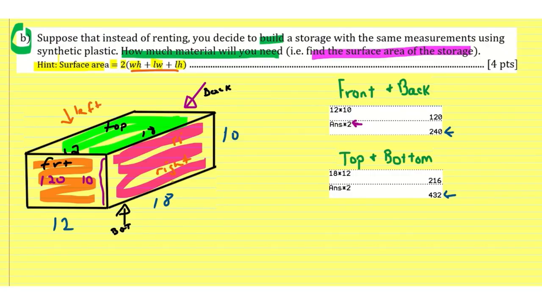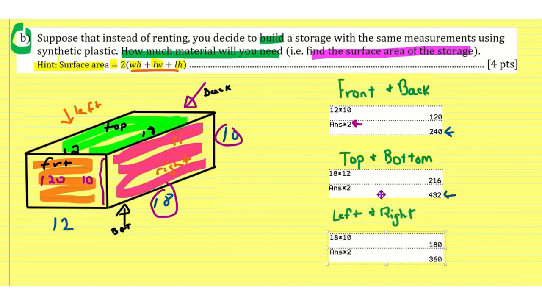So its measurements are going to be 18 by 10. If we crunch that out, the 18 by 10, and then times 2 to count the left and the right, that means we're going to have a total of 360.